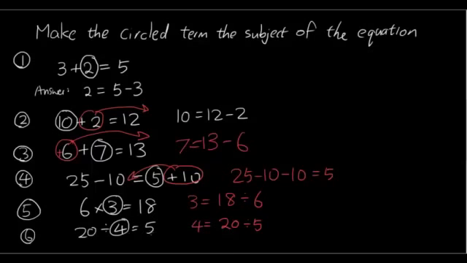So this one is a bit more advanced, but later on you will understand that as we go further into algebra. Okay, so a few more multiplication ones. So if we have something like 2 by 7 is 14, we can make 2 the subject, so 2 equals 14 divided by 7.